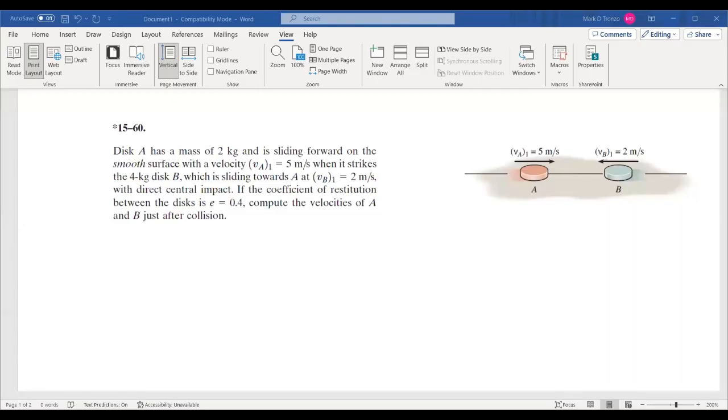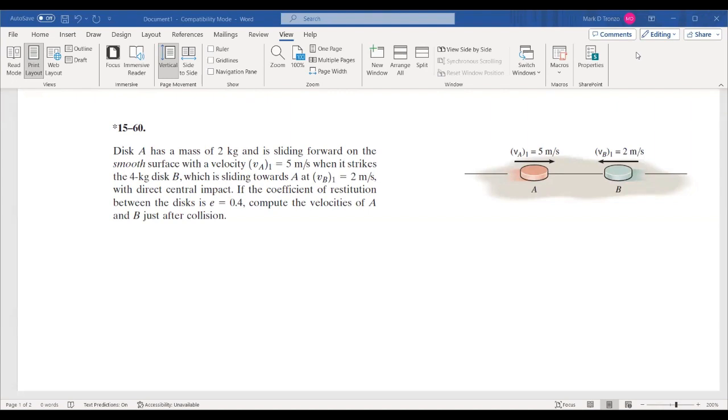Next, we're going to look at this problem, 15-60. Disk A has a mass of 2 kilograms. It is sliding forward on the smooth surface with a velocity of 5 meters per second when it strikes the 4 kilogram disk B, which is sliding towards A at a velocity of 2 meters per second with direct central impact.